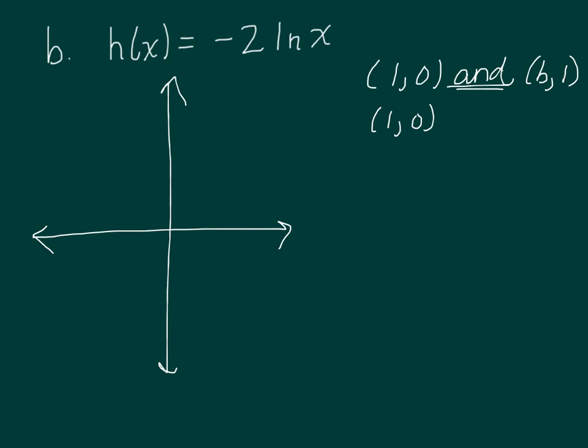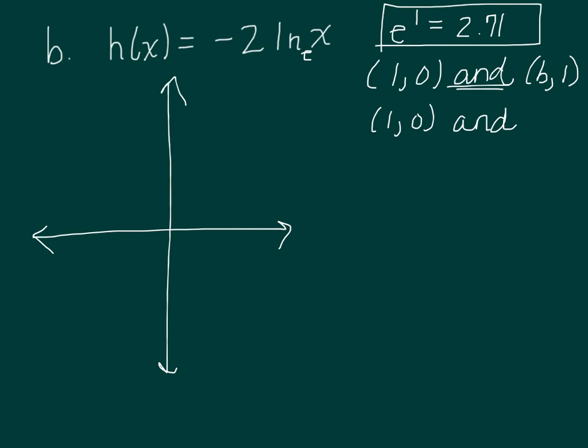Our base, remember, is understood to be E. And E to the first power is 2.71, and all these other numbers behind it, but we're going to round it and use 2.71, comma 1. So I'm going to start my graph with those 2 points. .71, a little closer to 3.